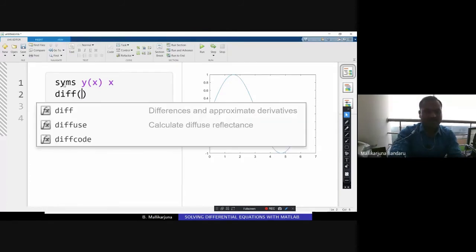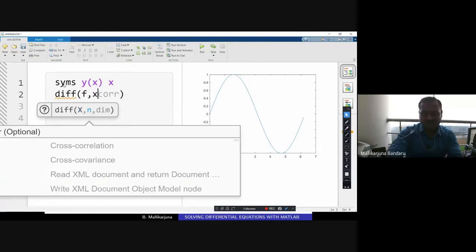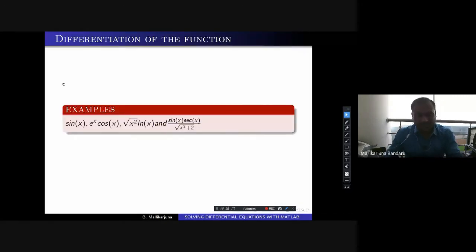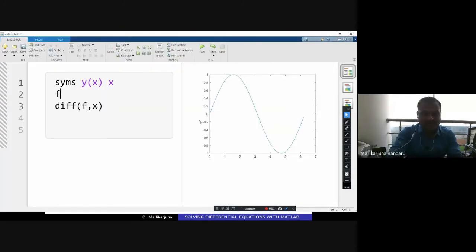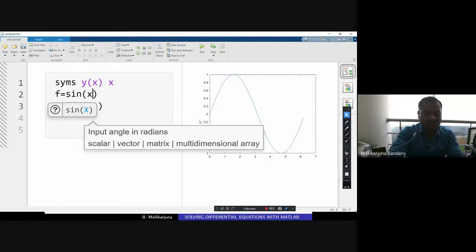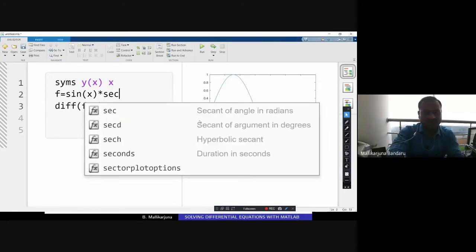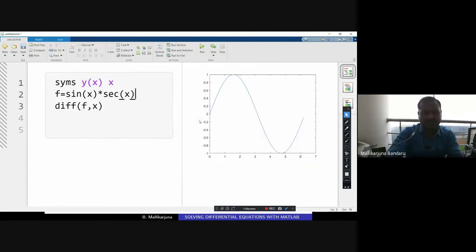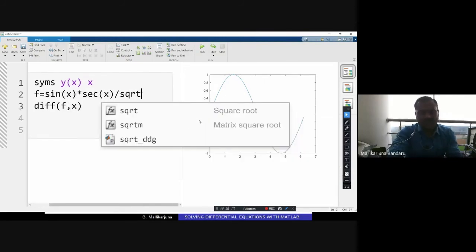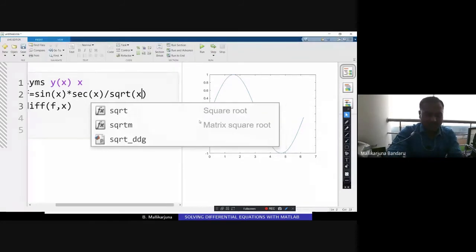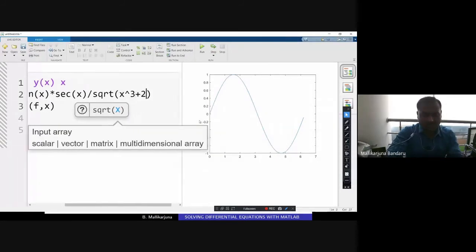Differentiation of f comma x. Suppose the function is, let me take a typical one, f is equal to sin x into secant x by square root of x cube plus 2.